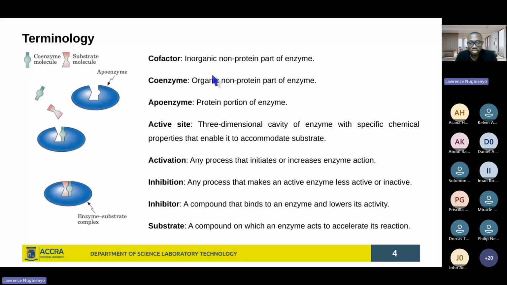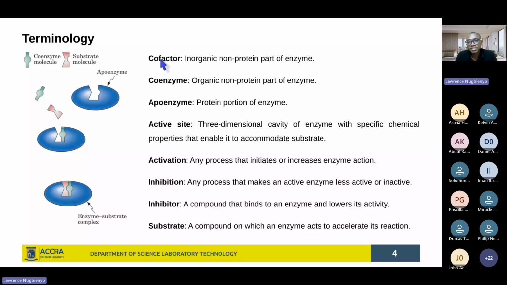You are more or less chemists, biologists, and specifically we are now talking about enzymes. So it's like some fundamentals of enzymology. You have some terminologies that are used that when we continue and we mention some of these things, we should quickly relate and understand what the conversation is about. The first is cofactor.